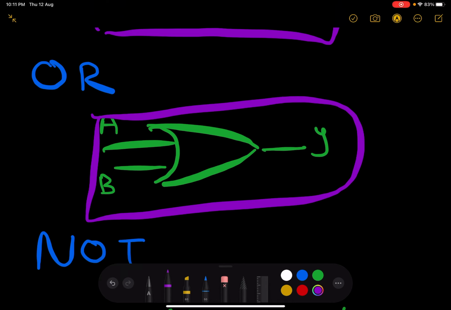The OR gate works as an addition: the function of this gate is to add the inputs together.